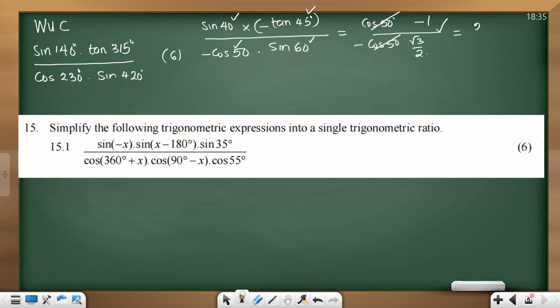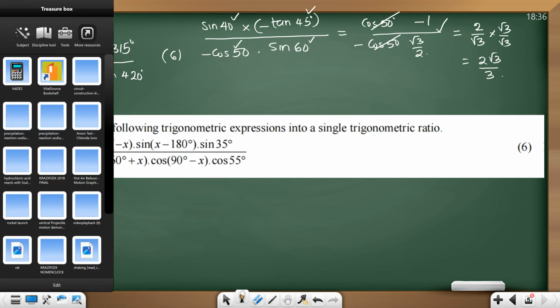What's my answer? 1 divided by root 3 over 2, all right? You can put this in your calculator. You don't need to show all of this. I think your calculator would give you what? 2 root 3 over 3. What did you guys get? Because it's 1 divided by root 3 over 2. What was your final answer?